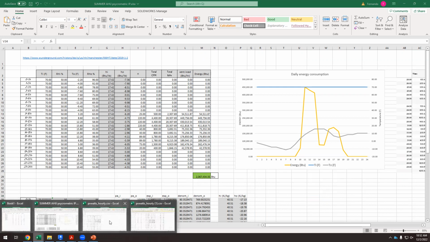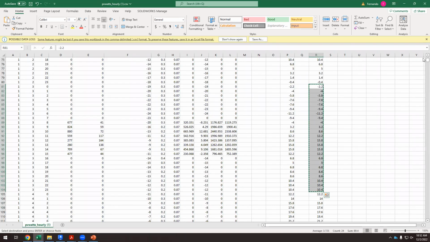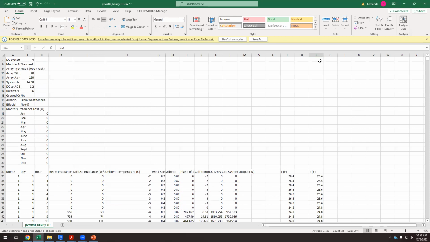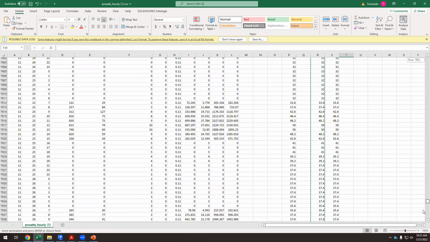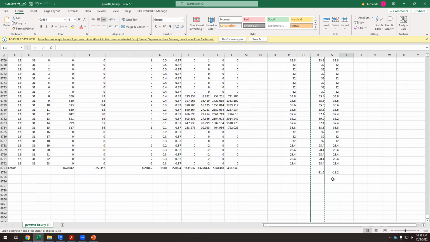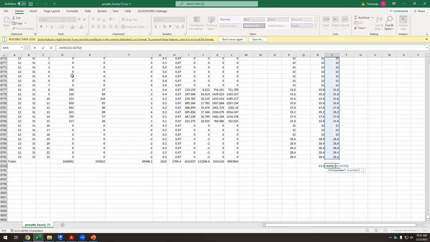If I want to find the maximum, I can copy this column again here, and then I can change the function. So if this is the minimum, if you just type here max, now we calculate the maximum, which is 89.